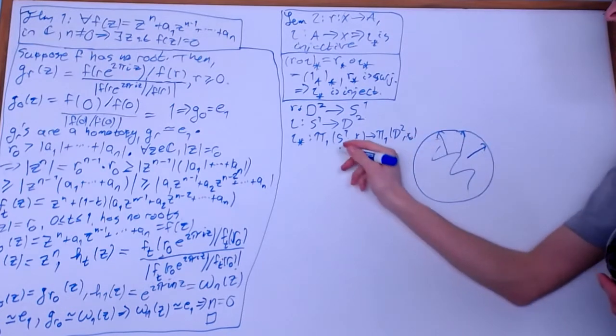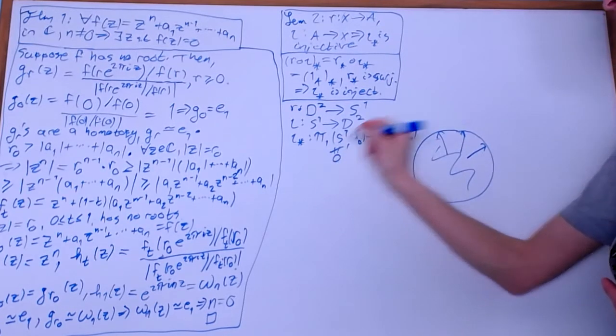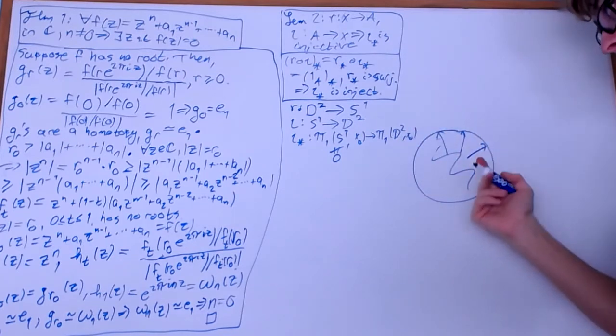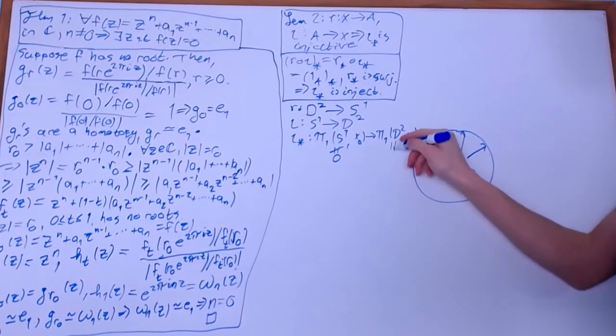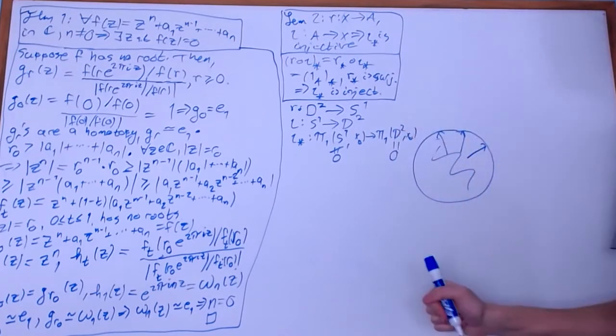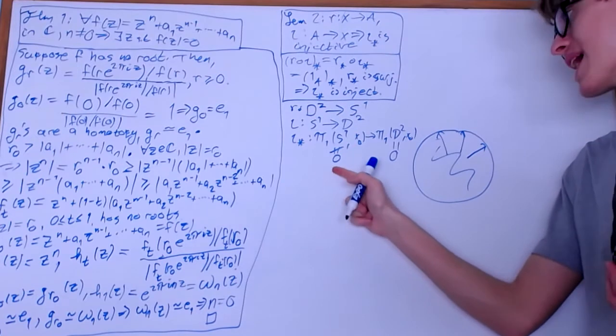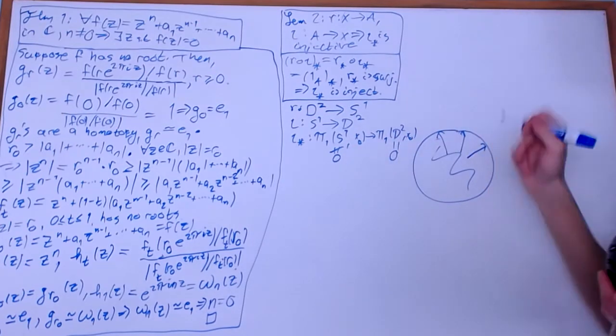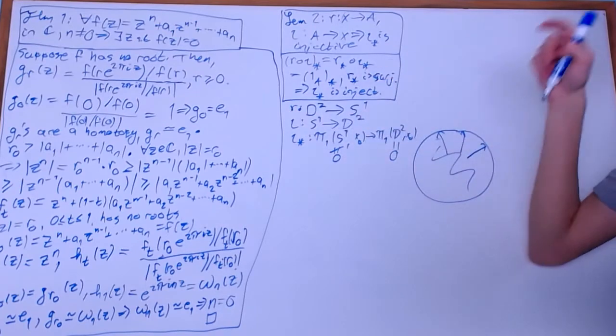But we know that this is non-trivial. And we know that D2 is a convex space. And convex spaces are simply connected, which means they are trivial. But if this is a non-trivial domain into a trivial codomain, it can't be injective. And so you couldn't have had this retraction.